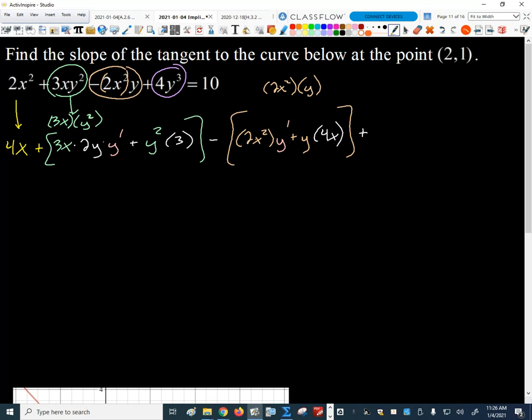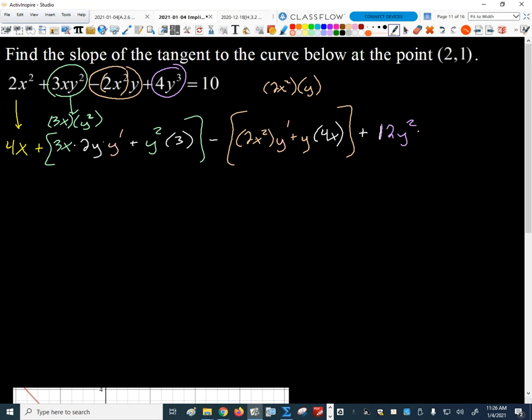12y squared. Okay, good. And then what's the next link in the chain going to be? There's a y prime, but since it's squared, do you have to multiply it? We do because we're doing two different layers here, right?